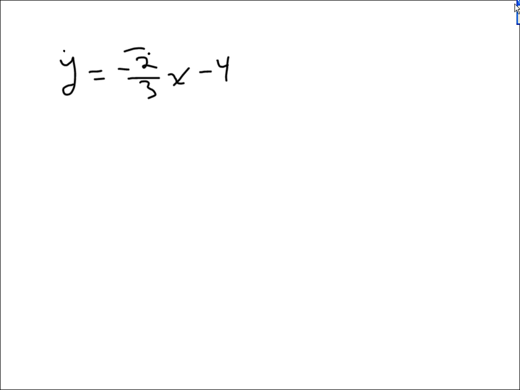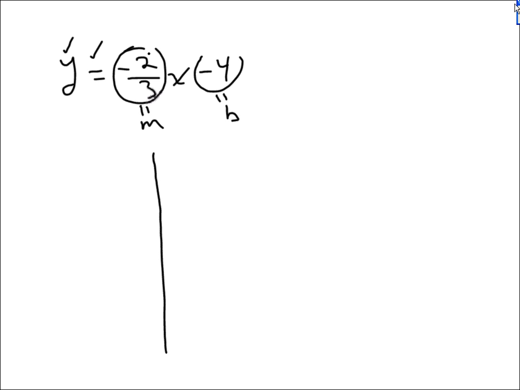So as long as it says y equals, and it does, whatever x is being multiplied by is m, and the constant, that's b. Okay, so the y-intercept is -4. So I will cross at -4.